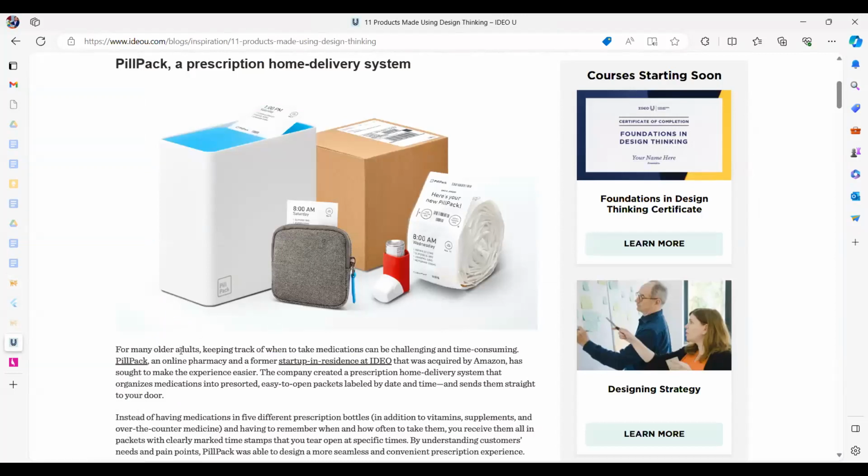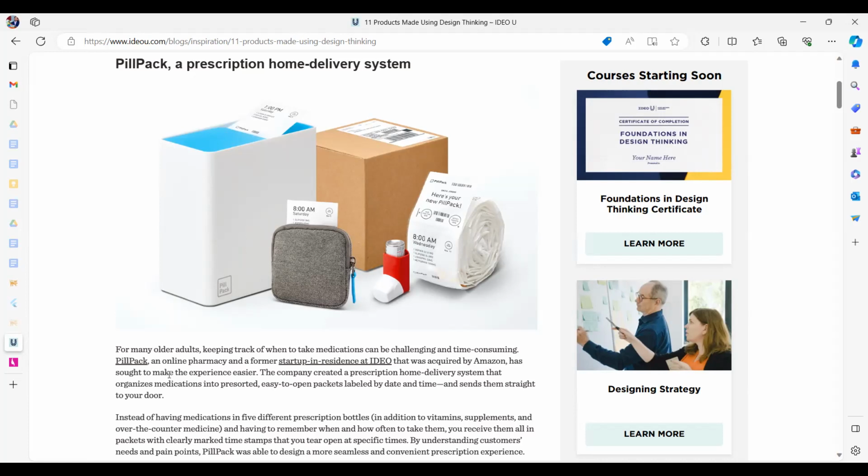So here, for many older adults, keeping track of when to take medication can be challenging and time-consuming. PillPack, an online pharmacy and a former startup in residence at Ideate that was acquired by Amazon, has sought to make the experience easier. So this is an online pharmacy, right? Many adults, mothers, fathers, grandparents, they take pills, they take medicine. They have a couple of problems.